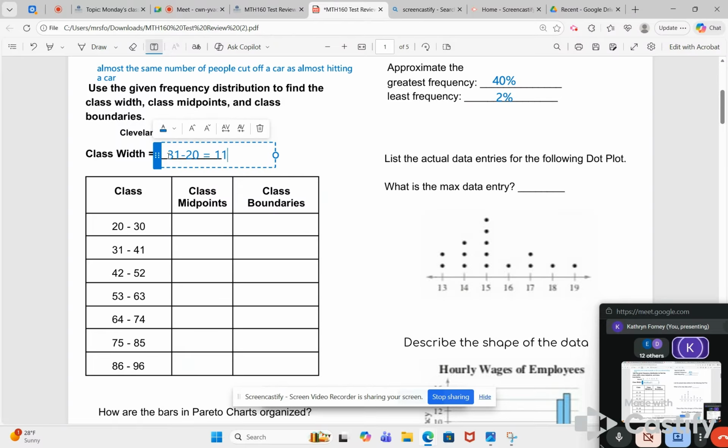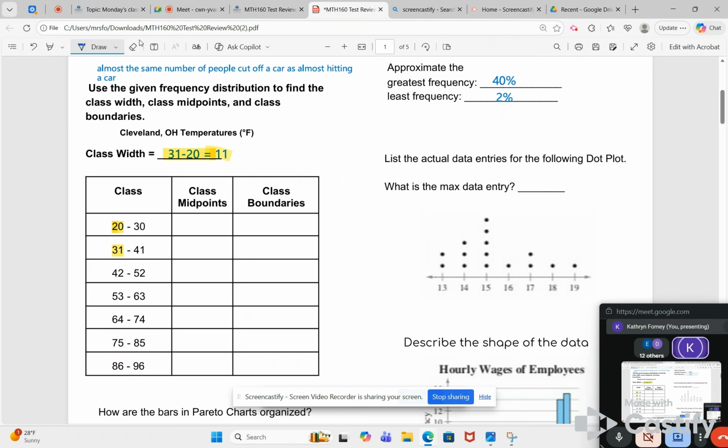So the class width of this would be 11. If you remember, you always subtract two consecutive upper limits, or lower. These are lower limits. So it doesn't matter, as long as you subtract 2 consecutive.